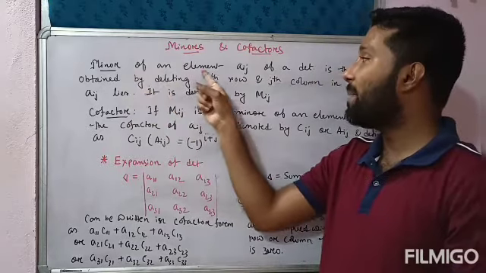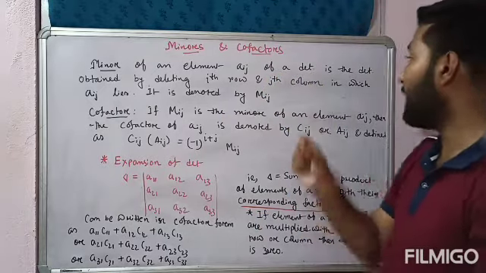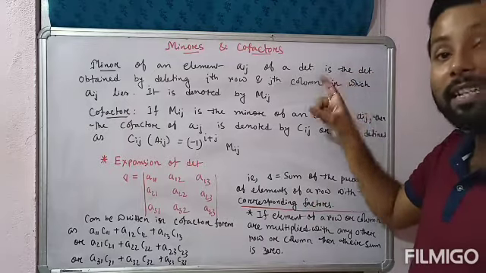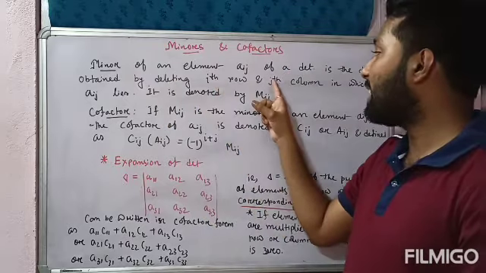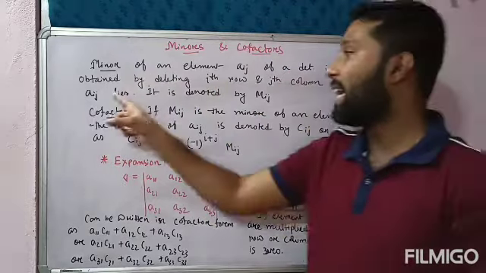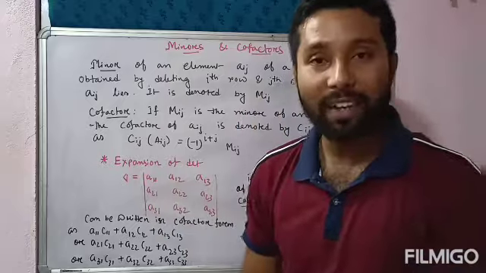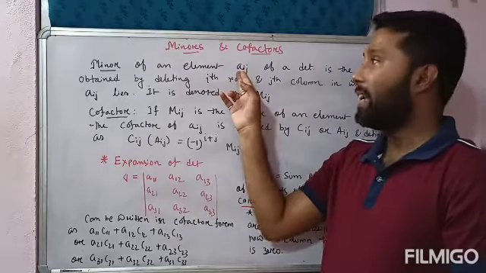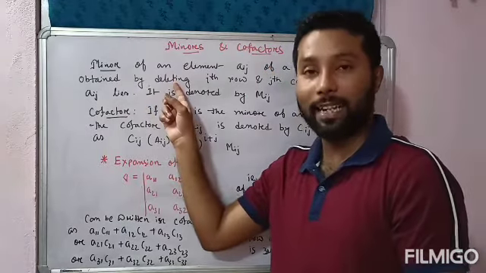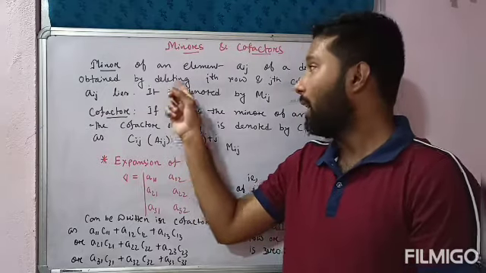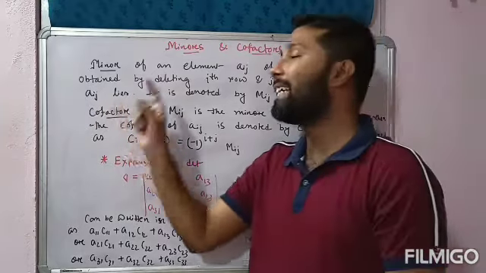So the minor of an element Aij of a determinant is the determinant obtained by deleting the ith row and jth column in which Aij lies. I will give one example.